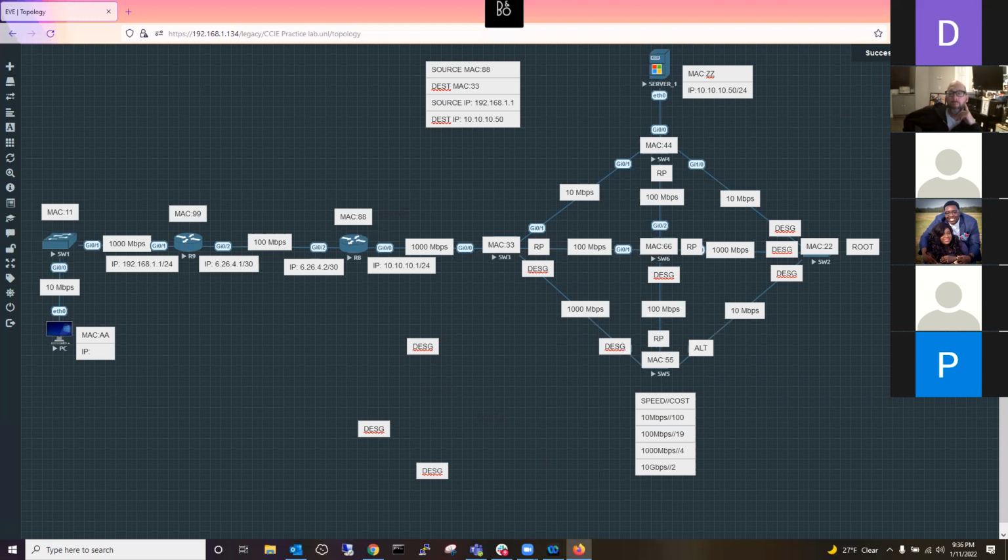From what it looks like here, the next option, I'm going to say the designated port would be, no, I'm sorry. Yeah, I guess the designated port would be gigabit 1/0.